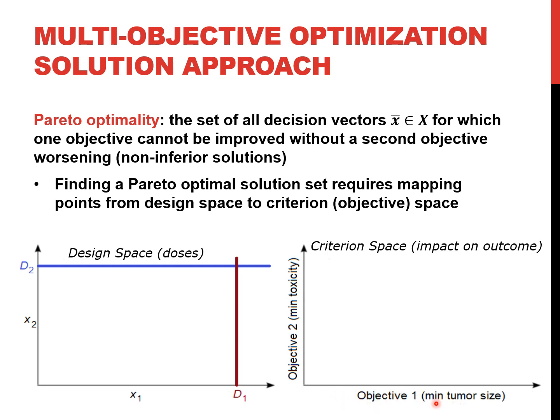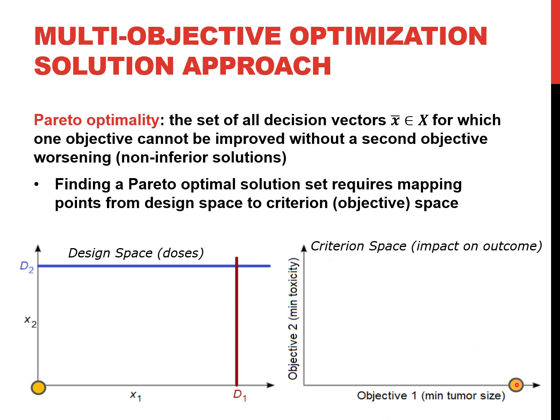So for example, here would be minimal tumor size, here would be minimal toxicity. Another way to look at this, maybe this would be synergy of efficacy, and maybe this would be synergy of potency. Okay, so the way that this would work, we take a dose and we map it onto the space.